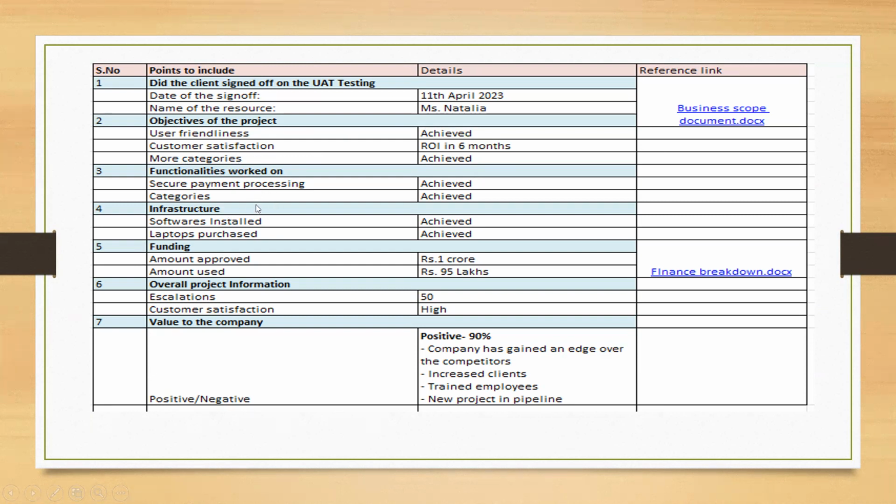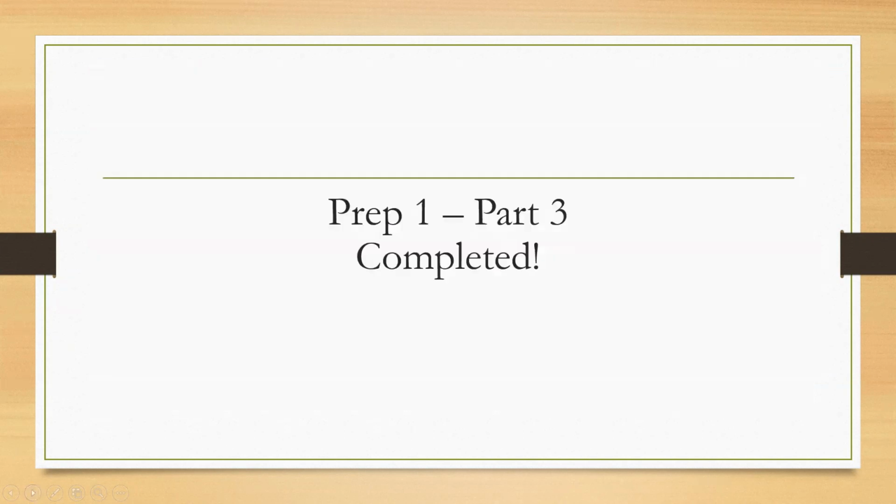What functionalities you have worked on, secure payment processing, infrastructure that you have used, the funding amount, overall project information, and value to the company. Likewise, we will provide the final details with respect to the particular project. So this is all about how you can write the project closure document.